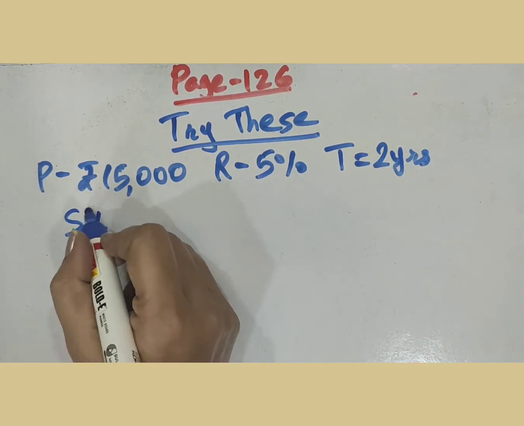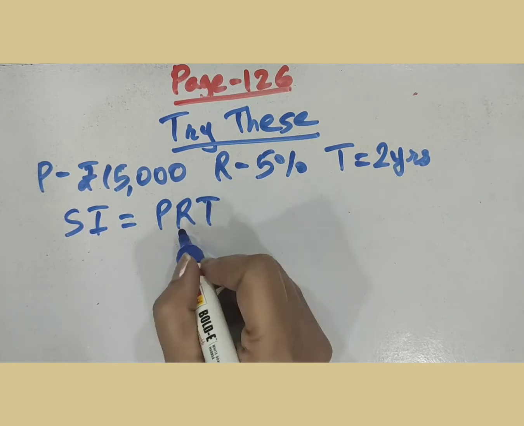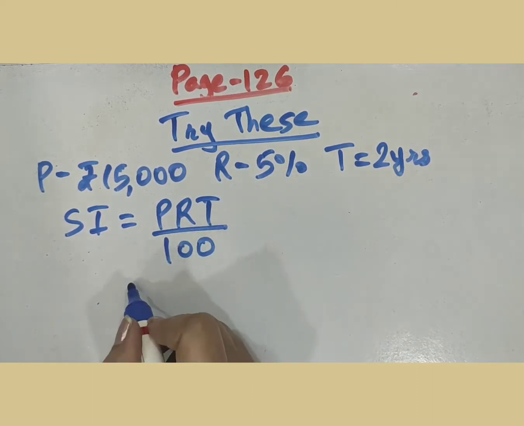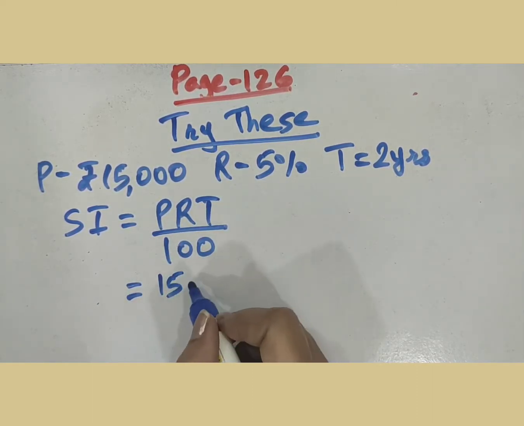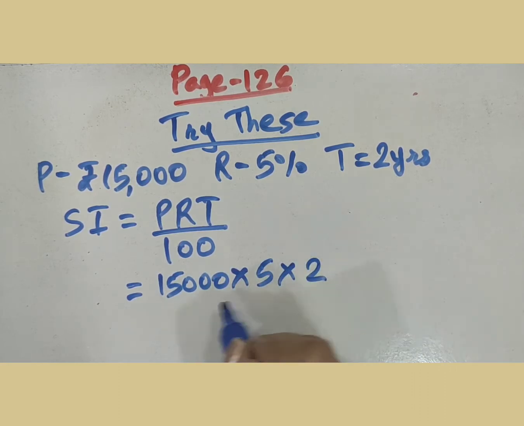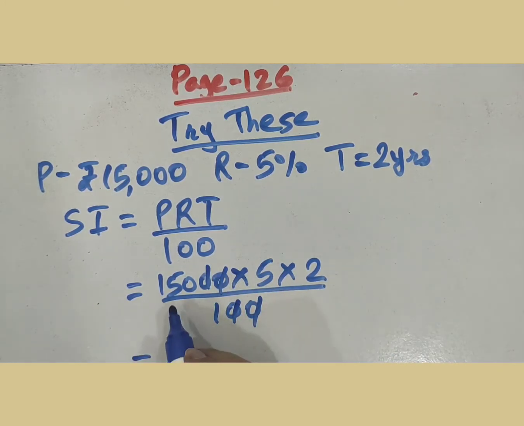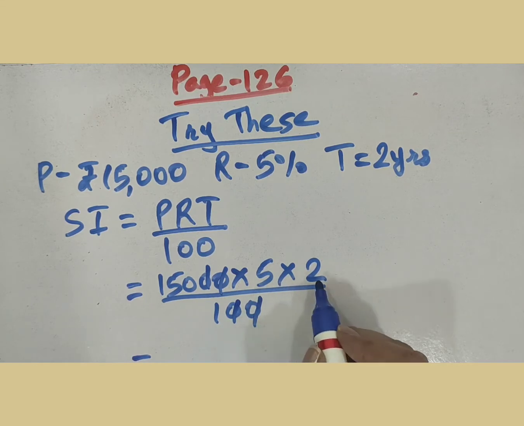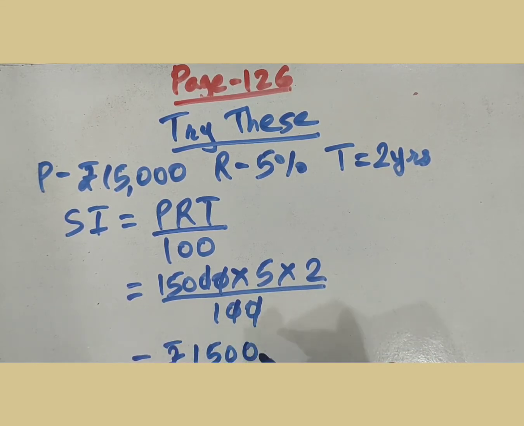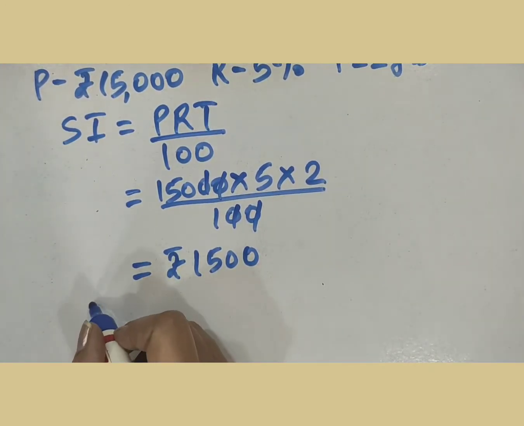First we will find simple interest, that is PRT upon 100. So my principal is 15,000 multiplied by rate multiplied by time upon 100. The zeros cancel. So if I multiply 150 into 5 into 2, I will get rupees 1500. So this is my simple interest. Now I will find the amount.